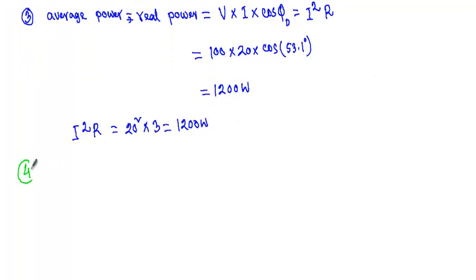Number 4, we have to calculate the power factor. How do we calculate the power factor? We can take the cosine of the phase angle between voltage and current. Here it is cosine 53.1 degree, which will be equal to 0.6.